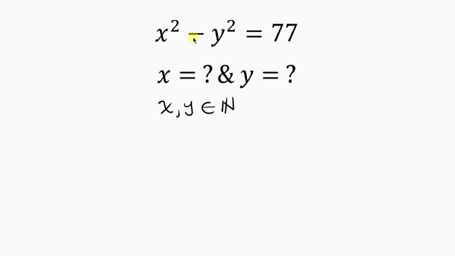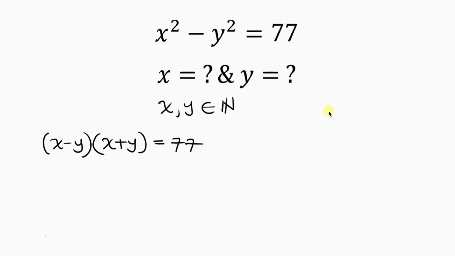Now notice that the left-hand side is a difference of two squares, which can be represented as x minus y times x plus y. And this is equal to 77. Now notice that we have two factors on the left, x minus y times x plus y, to give 77.